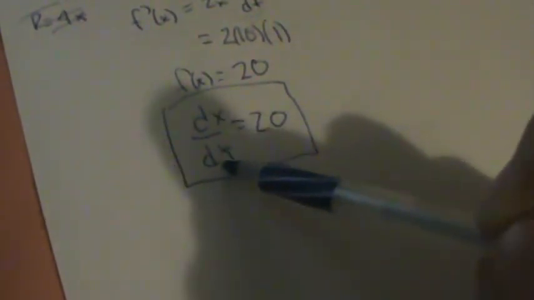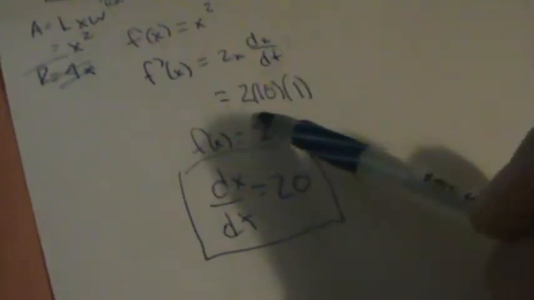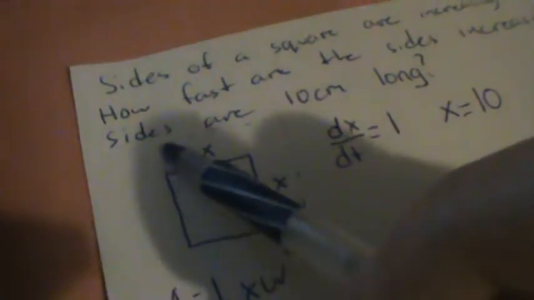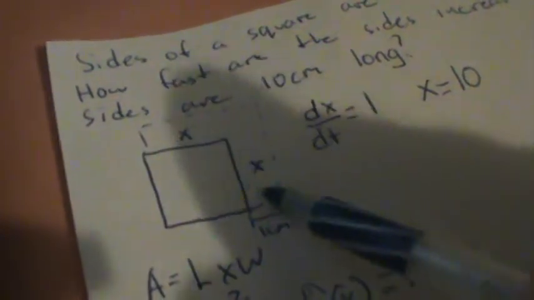So we can see that the change in our x over the change in time when x is equal to 10 is 20. I know that's kind of a hard concept for some people to understand. But think about it this way. We're stating area as a function of time. And if we have our area here and we increase each side by 1, you're having essentially an exponential increase.